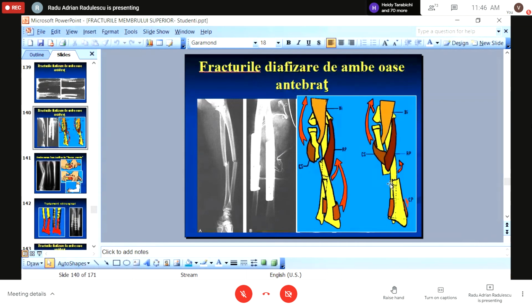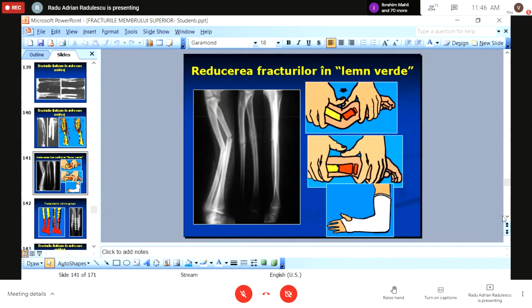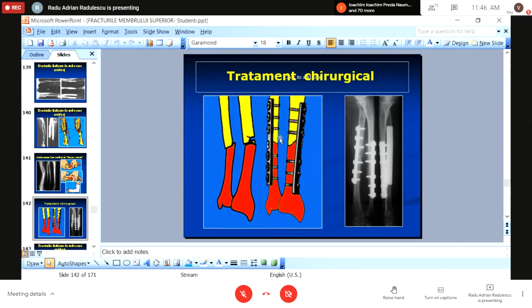You can see here the rotational displacement of the fractures that cannot be solved other than by surgery. So the gold standard, you can see here, is plates with screws, at least three screws in every fragment after an anatomical reduction. If you remember from anatomy, the radius is not straight.